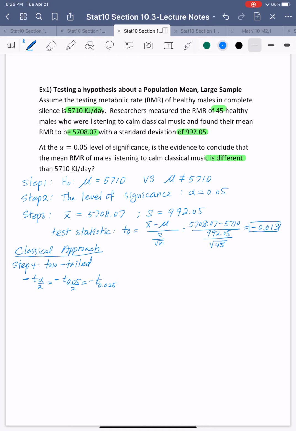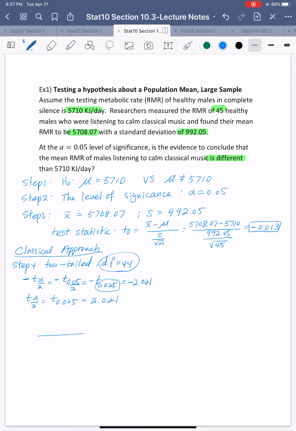If you use a t table with degrees of freedom 45 minus 1, which is 44, and use 0.025, you get negative 2.021. You might see a positive value, but you need to put the negative of those. And also positive t sub alpha over 2 becomes 2.021.